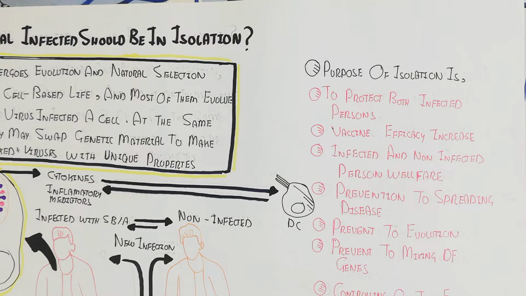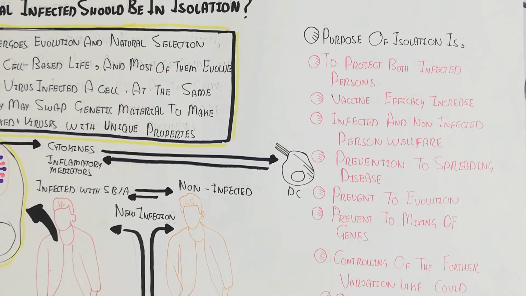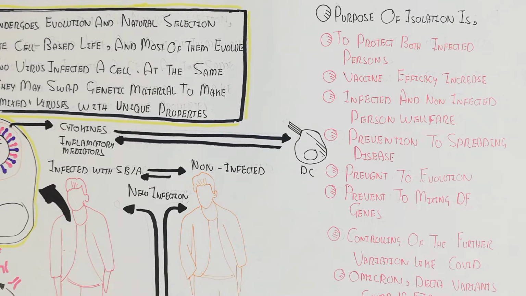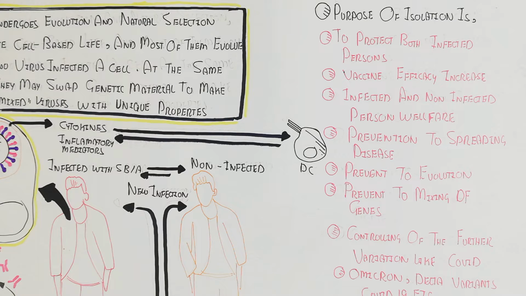Vaccine efficacy will be increased because the variants will be decreased, and basically it serves the welfare of infected and non-infected persons, prevention of spreading disease, prevention of evolution and of mixing of genes, and controlling further variation like COVID, Omicron, Delta variant and COVID-19 etc. I am mentioning COVID-19 as an example, but every virus is like that.